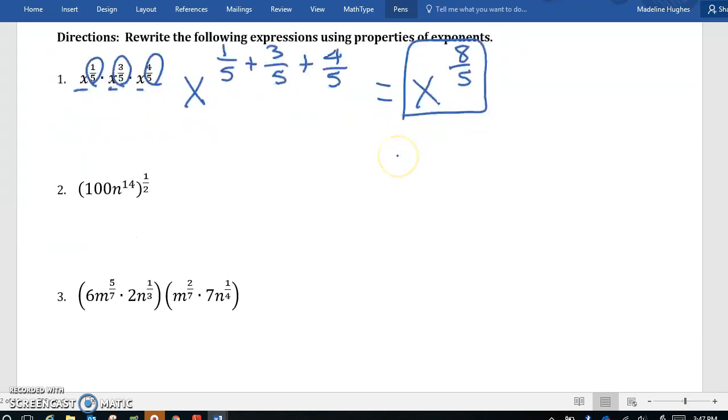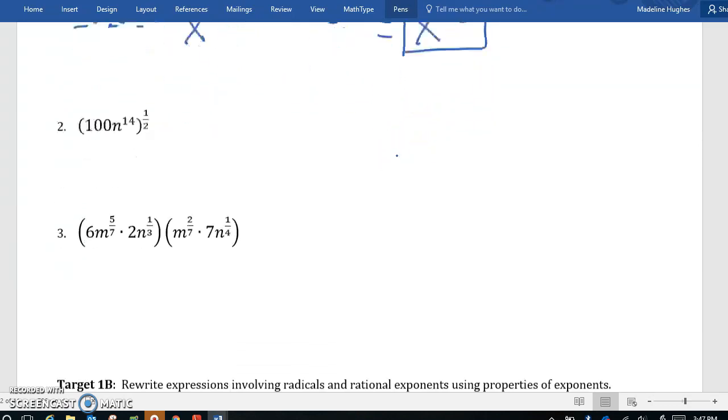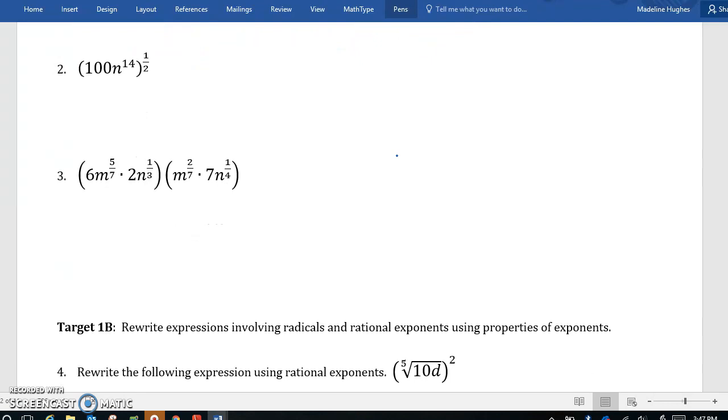Number 2, we're rewriting, and when we have an exponent on the outside of the parentheses, we need to make it an exponent of everything on the inside. So we're going to have 100 raised to the 1/2 power. Then n to the 14th also needs to be raised to the 1/2 power. And we multiply 1/4 times 1/2.